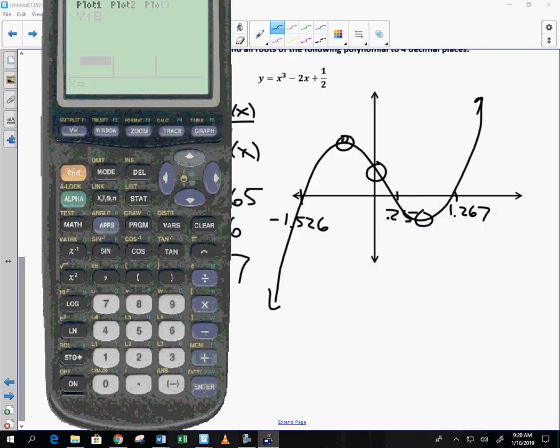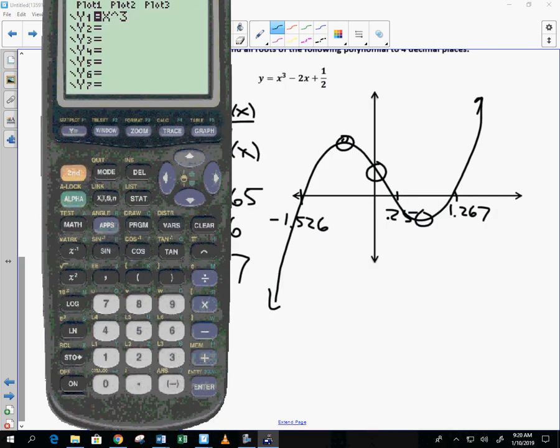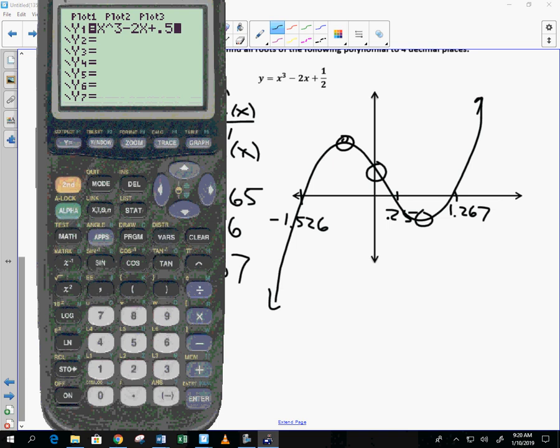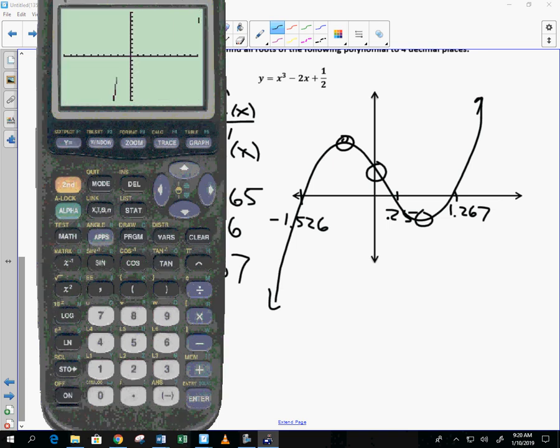Last thing, take out your calculator, press y equals, and go x cubed minus 2x plus 0.5. We're going to graph it. I'm going to go zoom 6. And we're going to bring you back to exactly what we did yesterday. If you wanted to find a 0, what would you do?